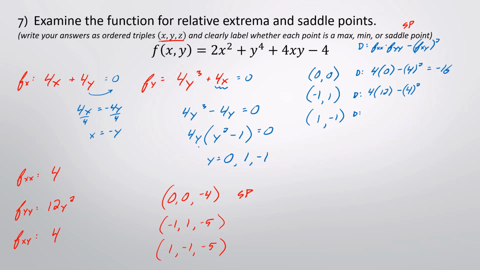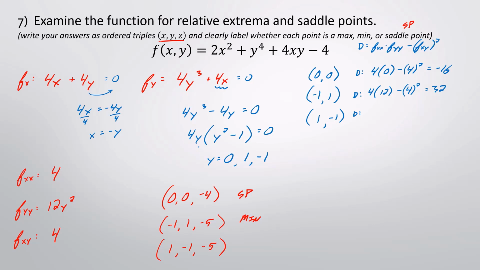Take away 16, that would be +32. Since that came back positive, we can now conclude that that point specifically, -1, 1, -5, is going to be a minimum because the fxx is a positive value. If the fxx was a negative value, which is not possible because it's just a constant 4, it could be a max, but in this case it's positive, so it's only got an option of being a min.